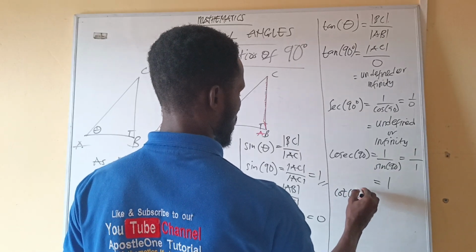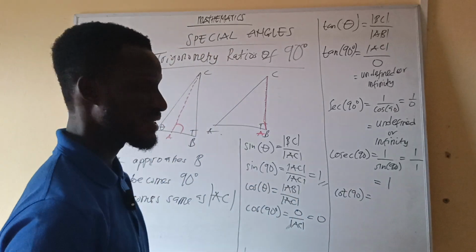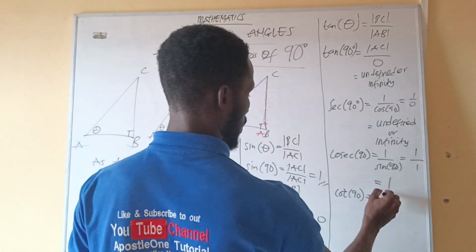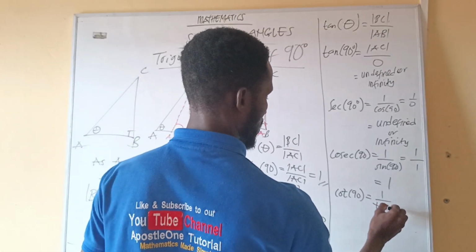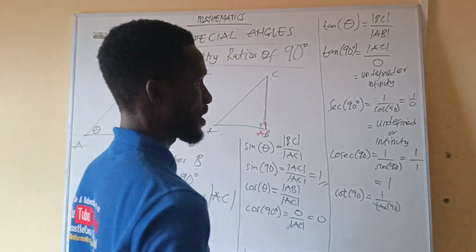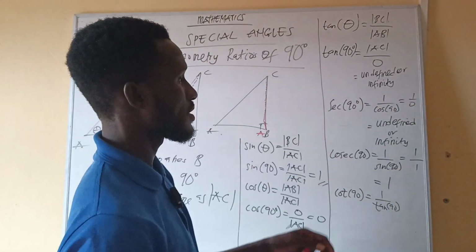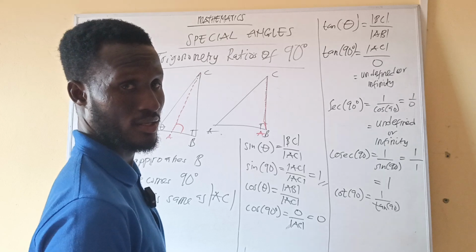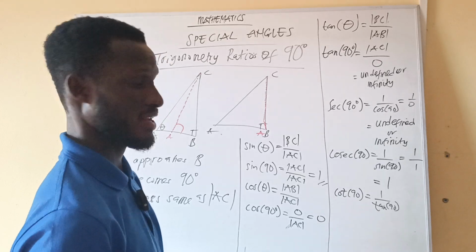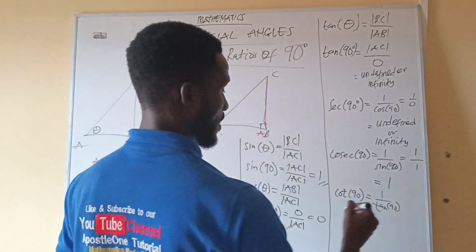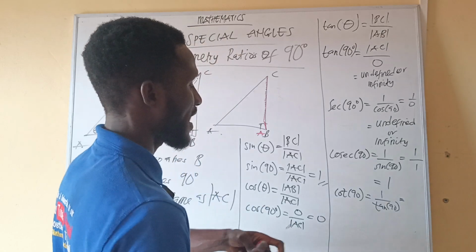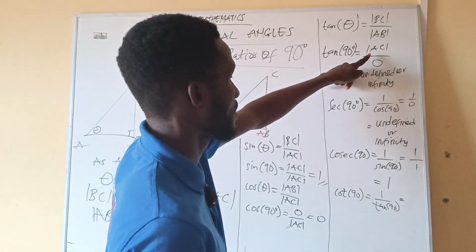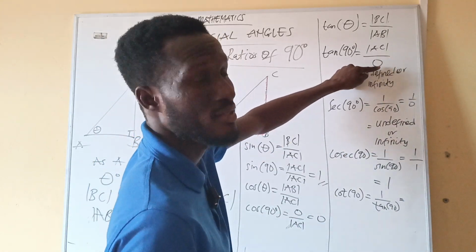Now, let's move on to cot 90. What is cot 90? The cot 90 is the same as 1 over tan 90. Don't forget tan 90 is undefined, and tan 90 is the same as AC over 0.